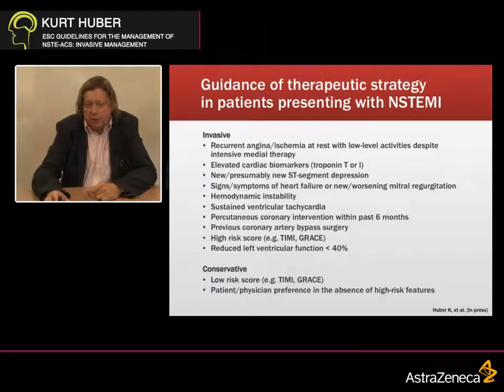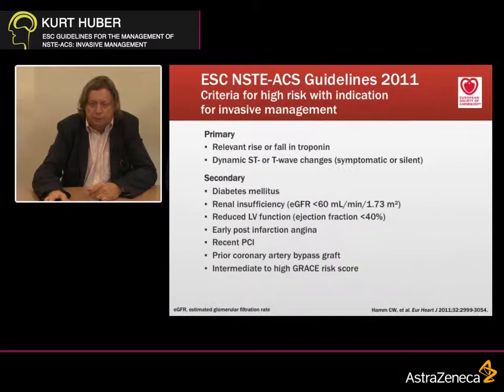Signs or symptoms of heart failure or new or worsening mitral regurgitation. Hemodynamic instability, sustained ventricular tachycardia, percutaneous coronary intervention within the past 6 months, previous coronary artery bypass surgery, a high risk score, and a reduced left ventricular function of less than 40%.